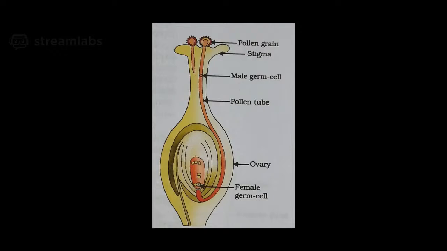The sugary content present in the stigma provides nutrients for the pollen to germinate. It produces the pollen tube. Among many pollens, only one will reach the female gamete. Not all the pollen, only one.